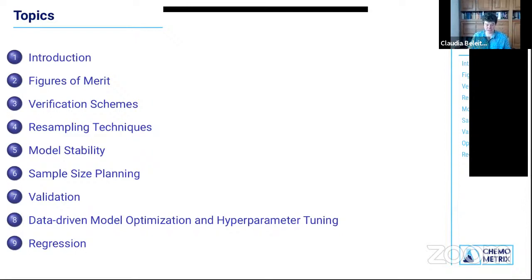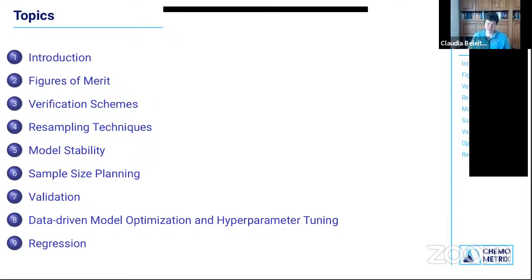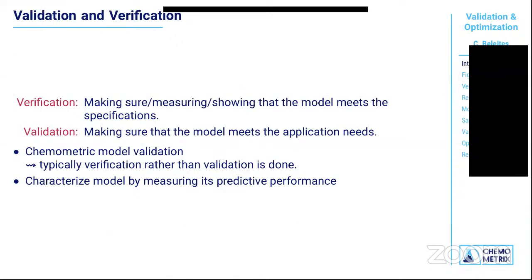Have a glance into questions of model stability, which also came up in the morning already, and a quick glance into sample size planning before we look at the larger picture of validation, and then look into model optimization and hyperparameter tuning, first with classification, and then a little glimpse into regression, using the question of hyperparameter tuning as our, let's say, application.